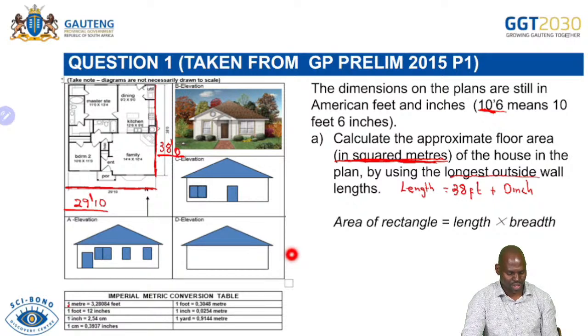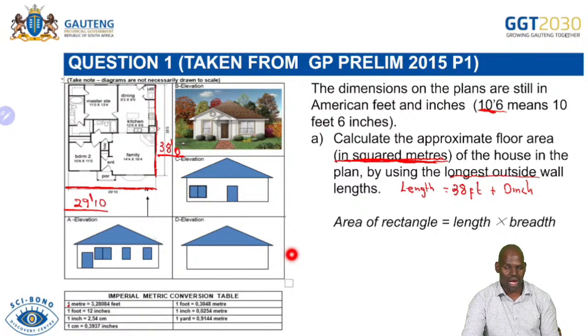Again, 1 inch is equal to 2,54 centimeters. 1 centimeter is equal to 0,3937 inches. You also have 1 foot is equal to 0,3048 meters. 1 inch is equal to 0,0254 meters. We also have 1 yard is equal to 0,9144 meters.